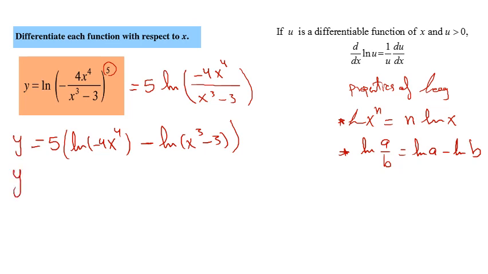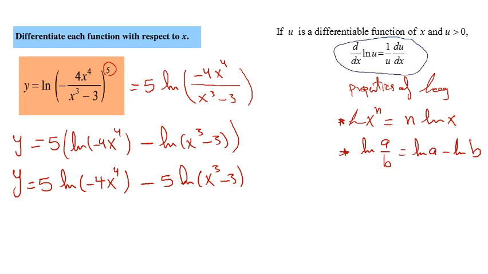So I can say that y is equal to 5 ln of negative 4x to the power 4 minus 5 ln of x power 3 minus 3. Now let's use the rule of differentiation for the logarithm, that d by dx for ln u is equal to 1 over u times du by dx.